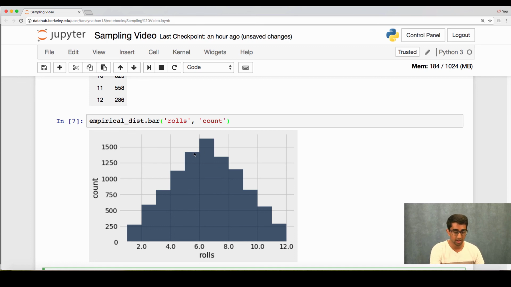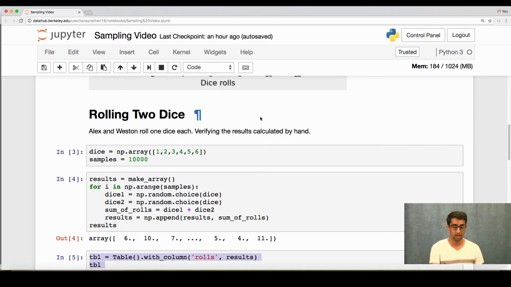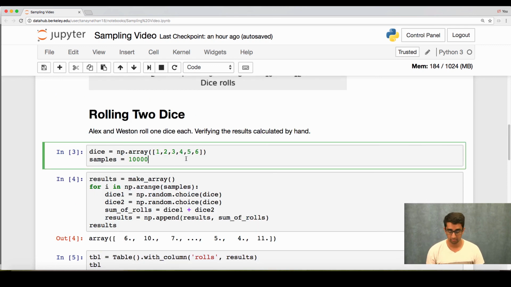It's a little bit higher on 6 compared to 8, and it's not perfectly even, which of course is to be expected, because this is empirical. The whole difference is that this is generated from experimentation and basic sampling. So let's try upping the number of samples we have, because if we take the law of averages, the more samples we have, the more closely it will resemble the probability distribution.